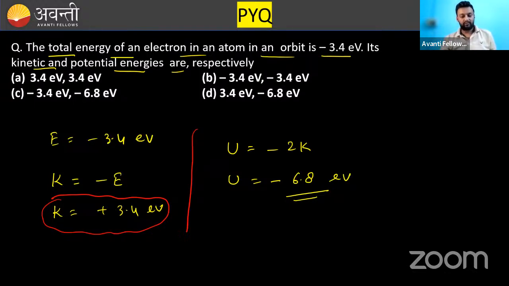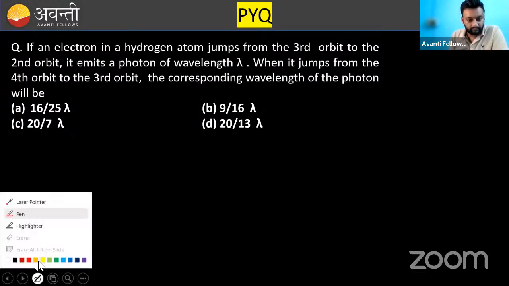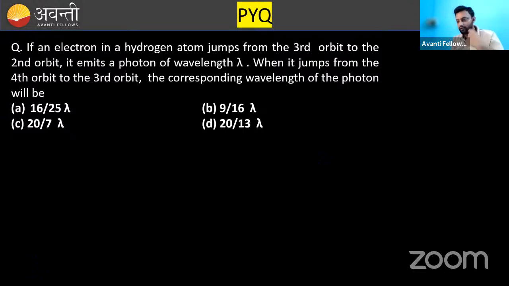Moving further. Now, this is another question. Try to solve it out. I am waiting for a response in this question as well. If an electron in a hydrogen atom jumps from third orbit to the second orbit, it emits a photon of wavelength lambda.